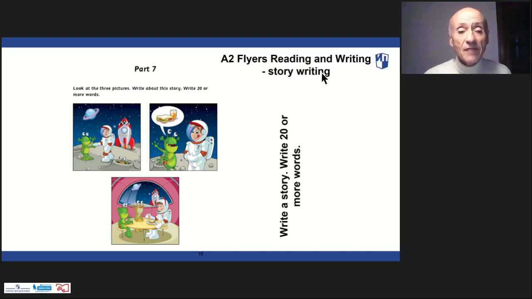Look at the 3 pictures, write about this story, write 20 or more words. That's reading and writing, story writing, A2 Flyers. This is already 8th, 9th graders, the students who are taking their 8th or the 9th grades at school.